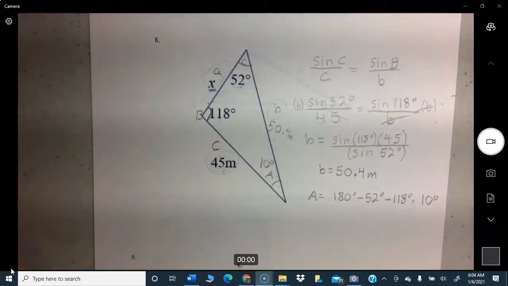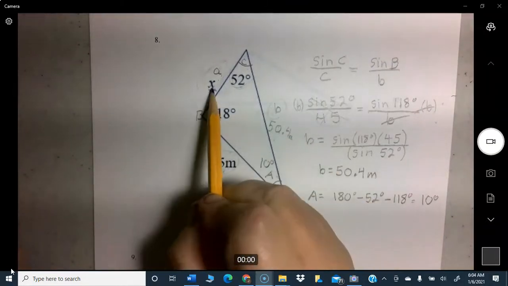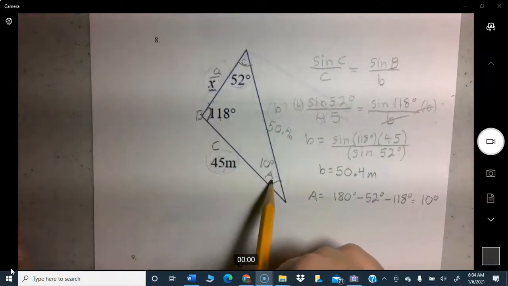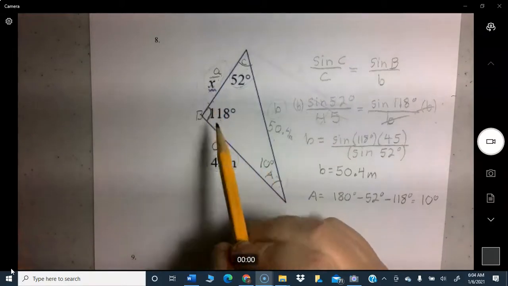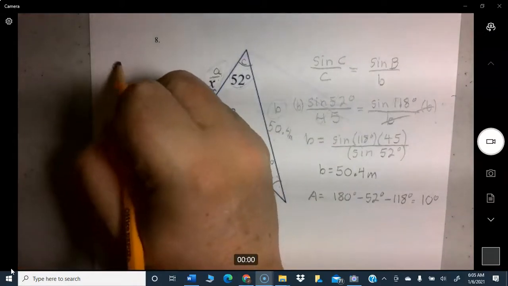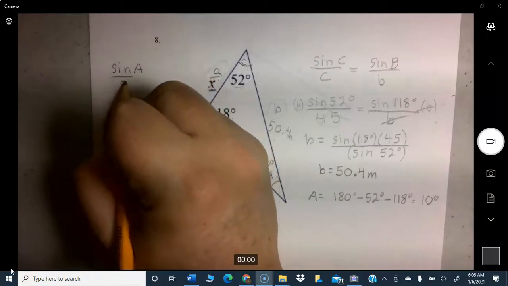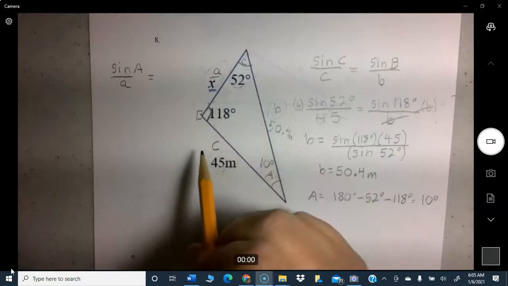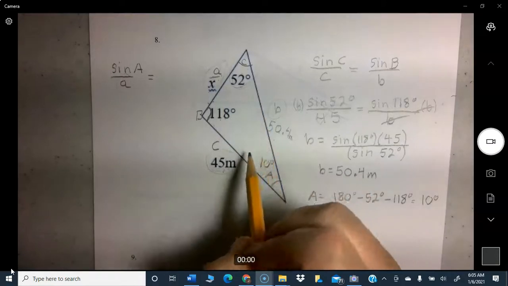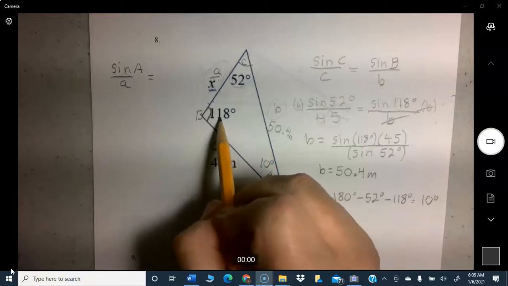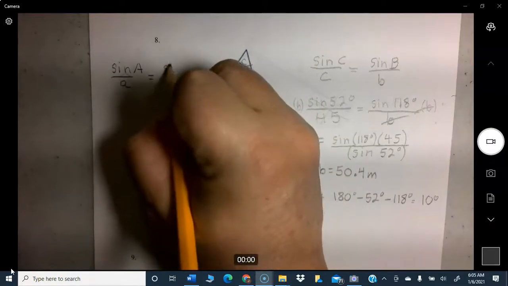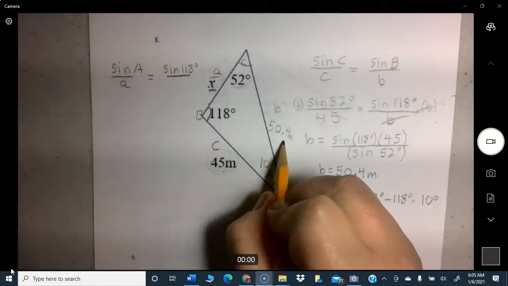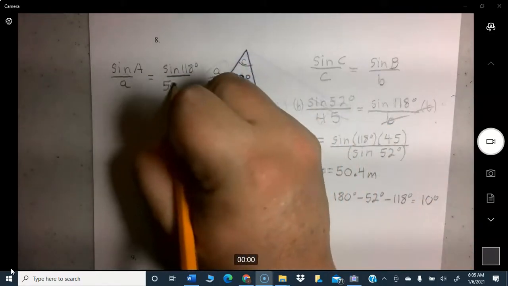Now we'll use the law of sines to figure out what x is, and we call that side A. So we're going to use the sine of A over A. Equals, this is our unknown. So we can use either of the other two sides. Let's go ahead and use B. So it's going to be the sine of B over B, which we now know is 50.4.